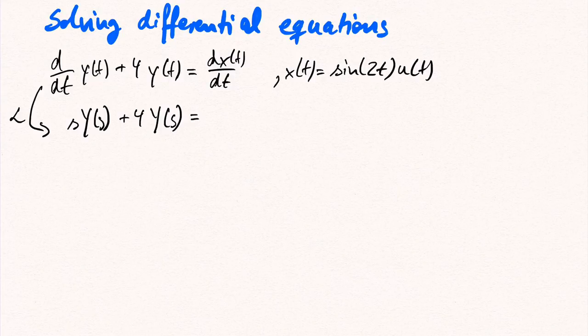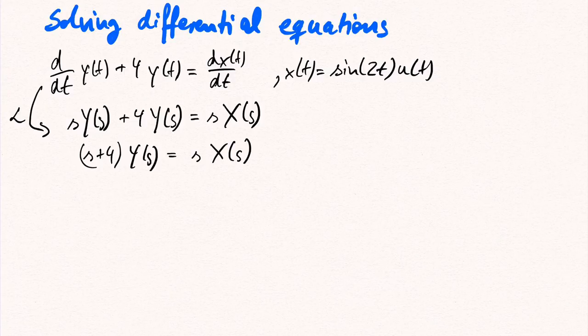This must be equal to s times X(s), where again we assume that the initial condition of the input signal is also 0. This gives (s plus 4) times Y(s) is equal to s times X(s). Solving this for Y(s) gives that the output in the Laplace domain is equal to s divided by (s plus 4) times X(s).